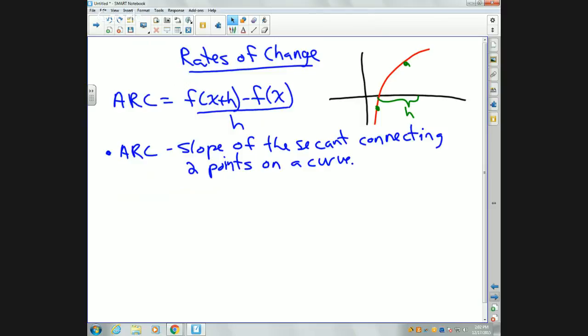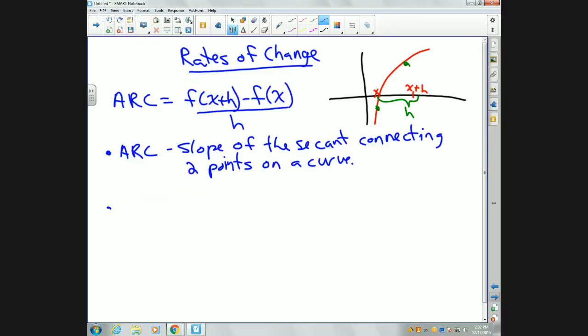So we basically find the y value at x, and the y value at x plus h. Find the two y values there, subtract them, that's what the numerator is telling us to do, and then divide by h. Well, h is just the difference between the two x values.